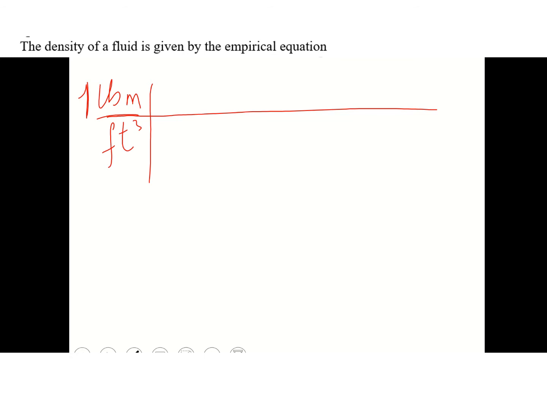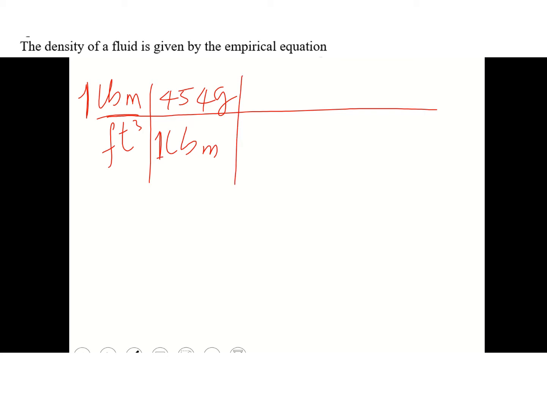I can say 454 gram is equal to 1 pound mass.